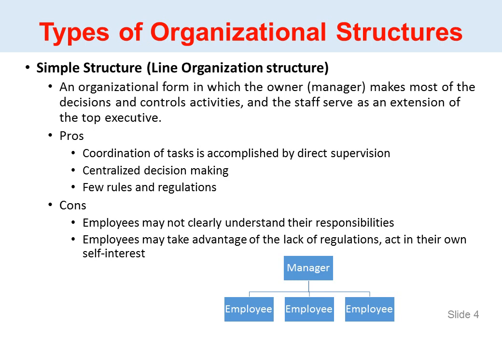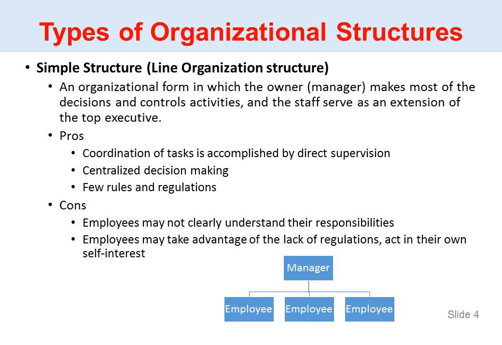The simplest type, which is the military type or a simple structure, means you have a manager and employees. It is called line organization structure. An owner or a manager makes most of the decisions and controls all the activities, and the staff, laborers, or employees serve that manager.